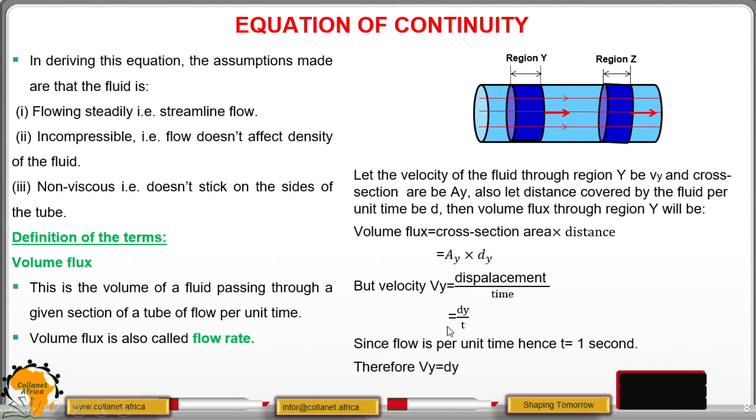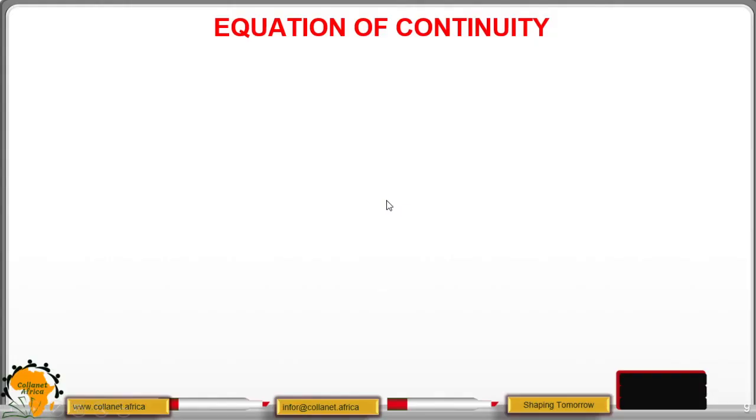So that means that this t is 1, and therefore Vy is equal to dy. Thus, volume flux will be given by Ay Vy, and this one is very, very important. The SI unit of volume flux is cubic meters per second.